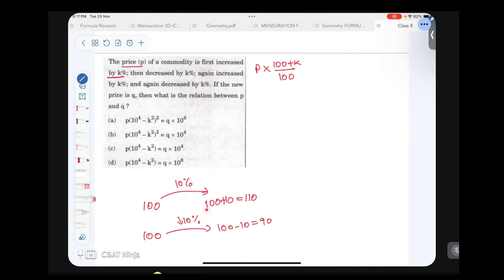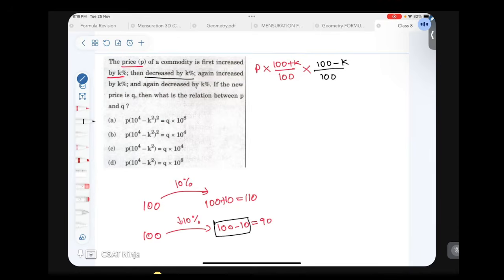That's what I'm writing here, into, then the next part: decreased by K. When we say decrease, there is minus. So earlier the price was 100 and from 100 it is decreased by K.